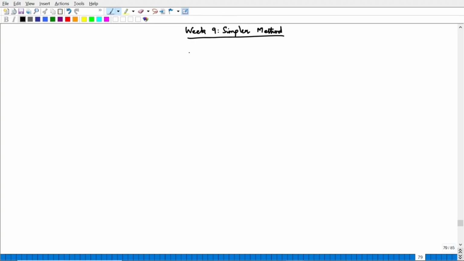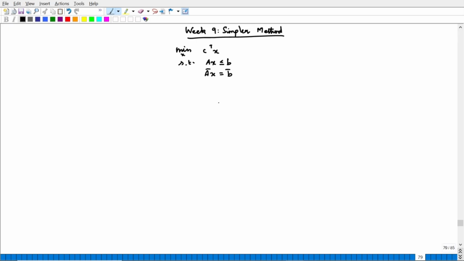So, let us get started with the general structure of a linear programming problem. It is of the following form: minimize c transpose x subject to A x less than or equal to b and A bar x equal to b bar.